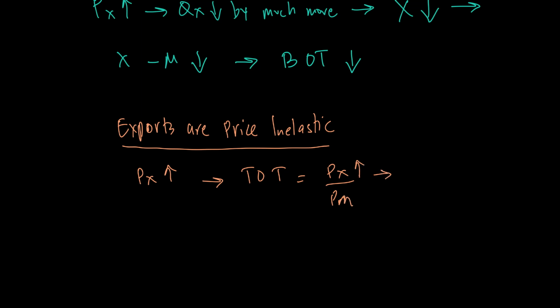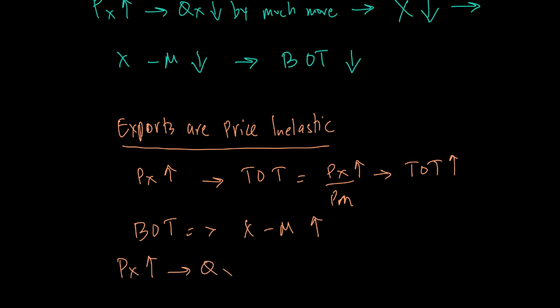This will go up, and therefore terms of trade will improve. But the balance of trade, which is simply your x minus m, will actually go up, because now if the exports become expensive, quantity of exports will fall by much less because they are inelastic, causing export expenditure to go up, or in other words, x minus m to go up.